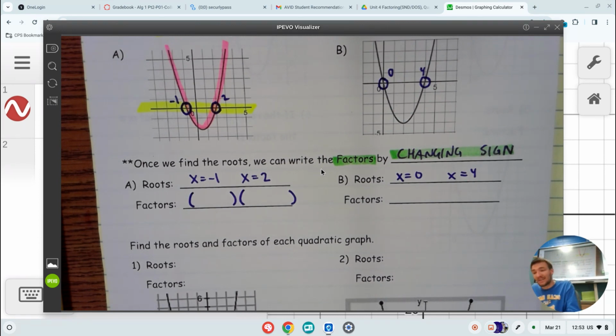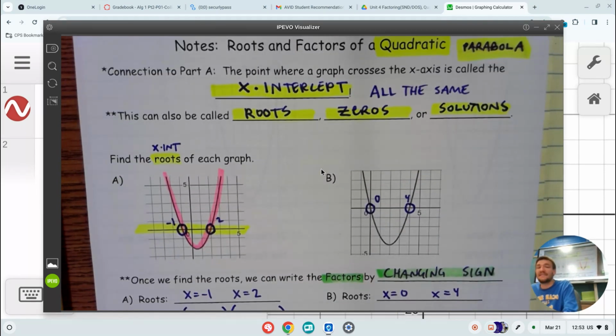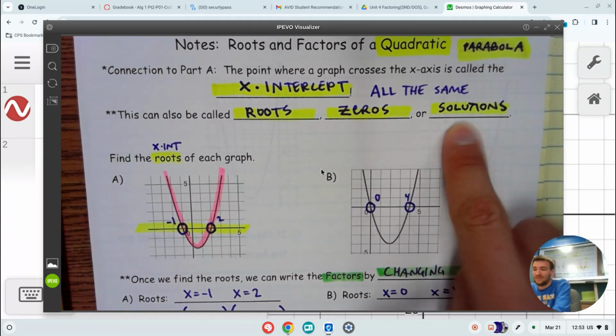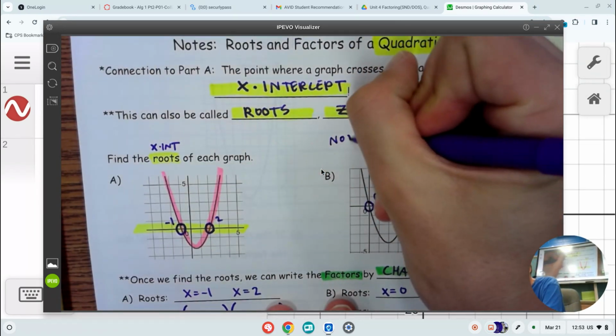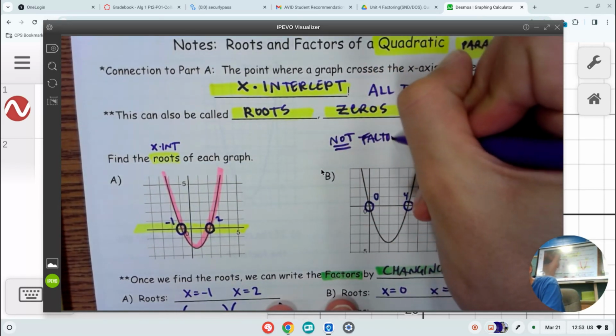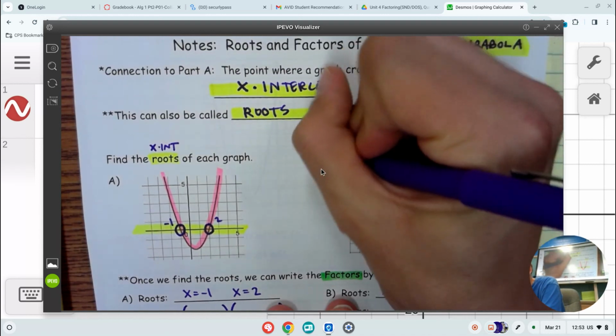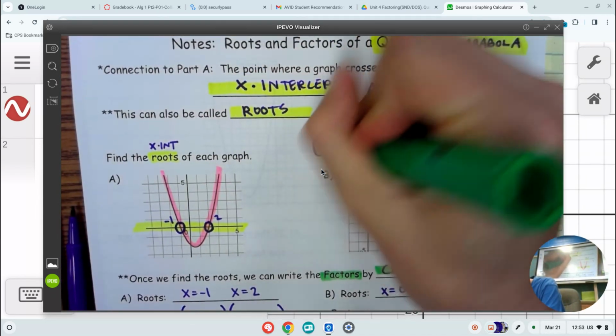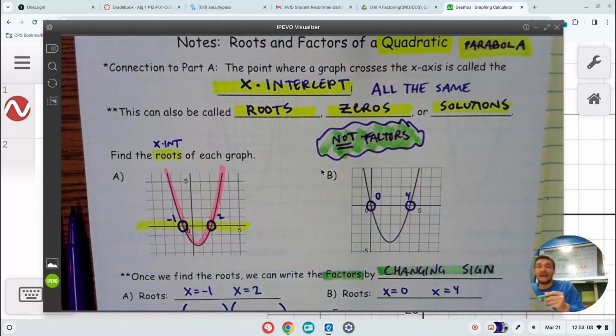Because factors are not the same. Factors are not in this list. Okay? In fact, if you want to even write not factors, right? Factors are not the same. In fact, factors are kind of opposites.